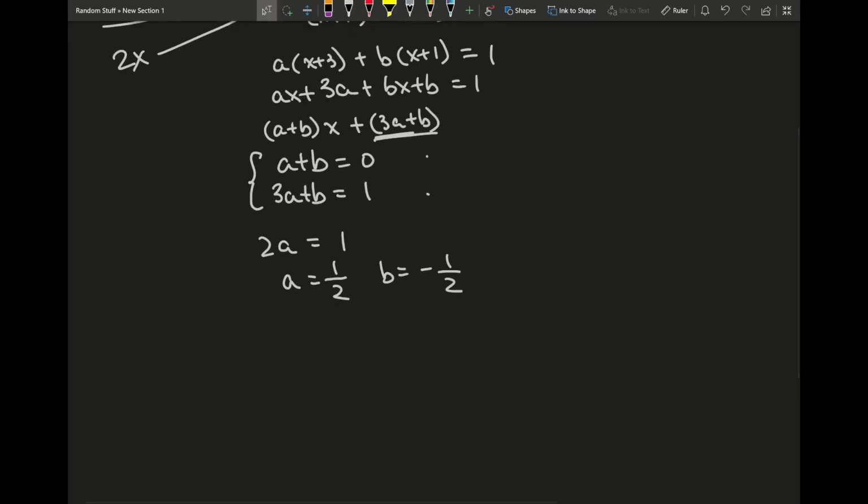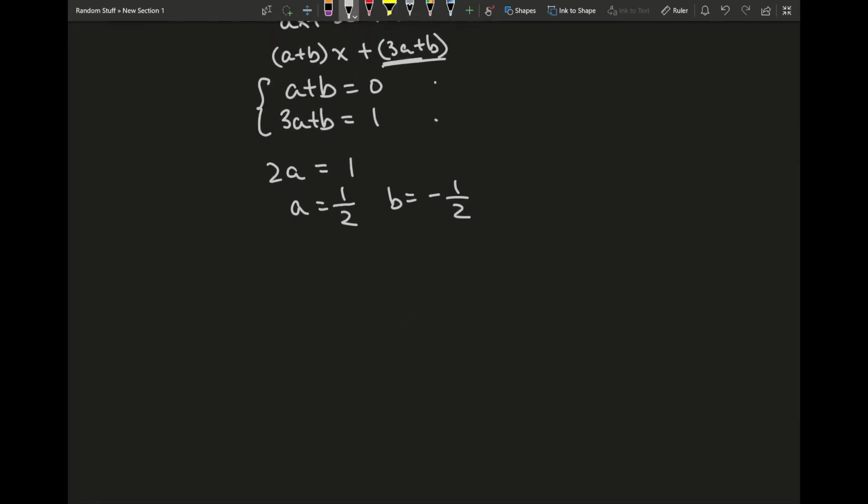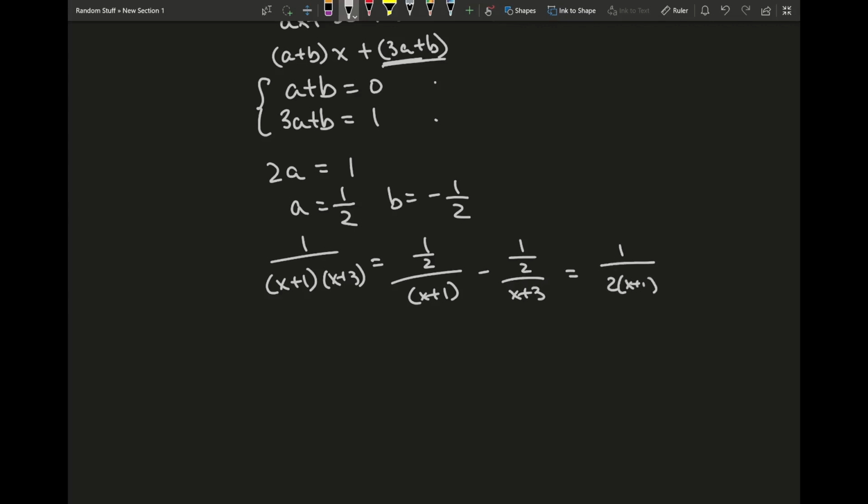So now we get that 1 over (x plus 1)(x plus 3) is equal to 1 over 2 over (x plus 1) plus, actually no, minus, because B is negative, 1 over 2 over (x plus 3).